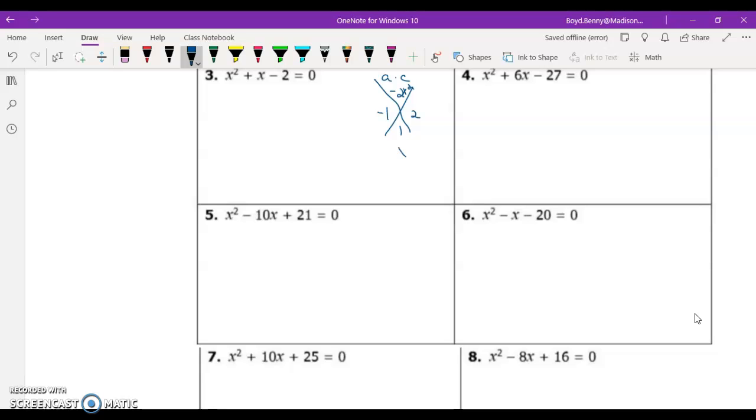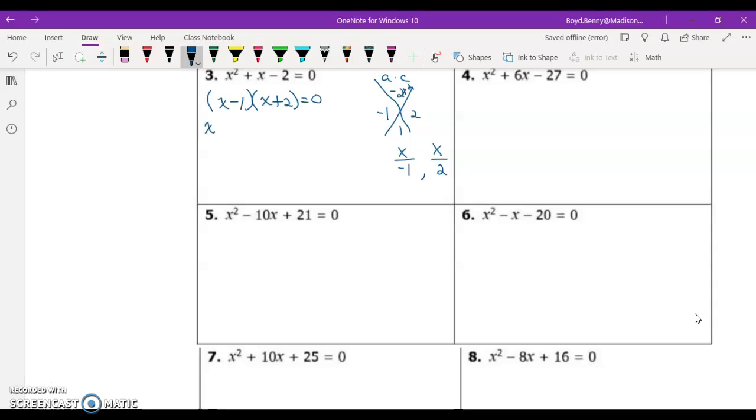So that would be 1x over -1 and 1x over +2. So my two factors are x minus 1 times x plus 2 equals 0.